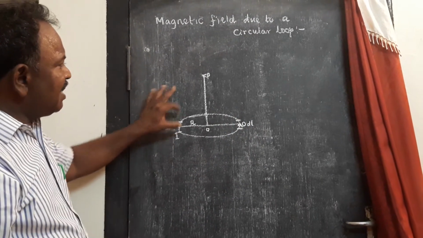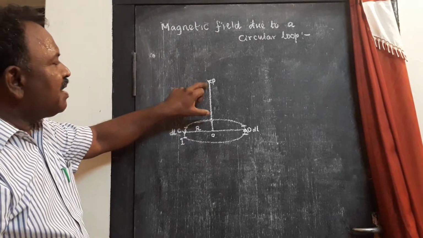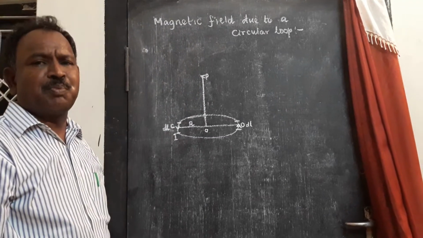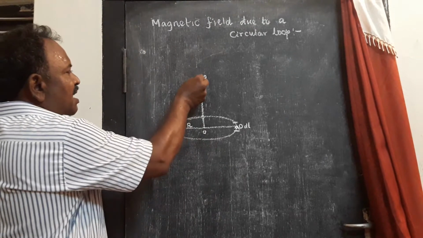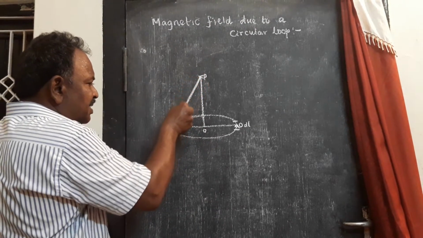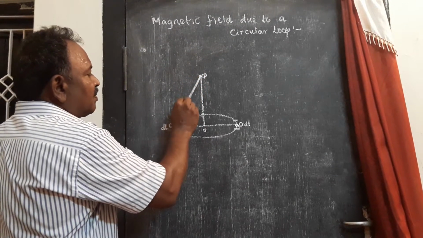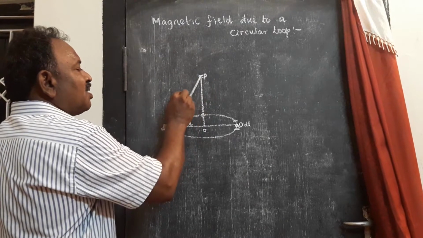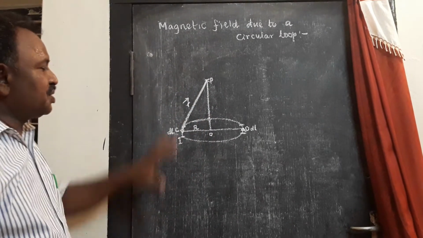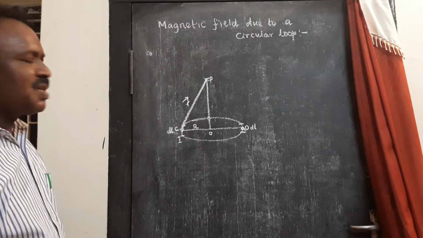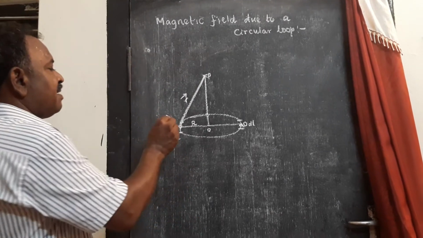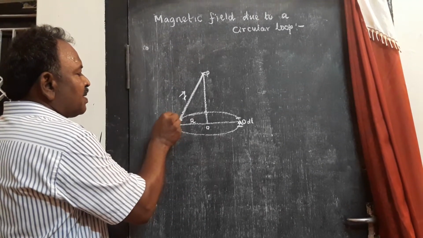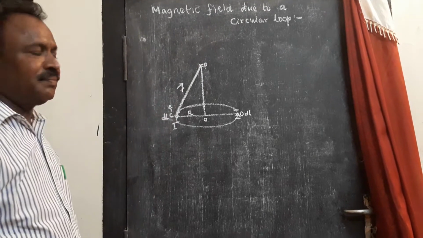Due to this current element, a magnetic field is induced at this point. This current element is at a distance r from the point. So r vector is the position vector of P from this current element. Let r cap be the unit vector.